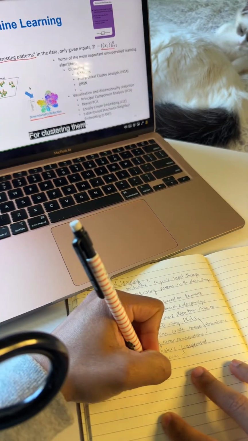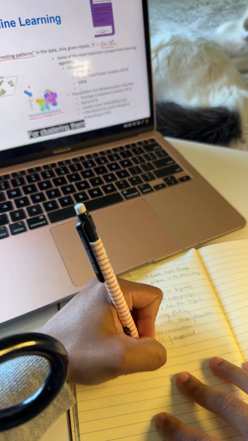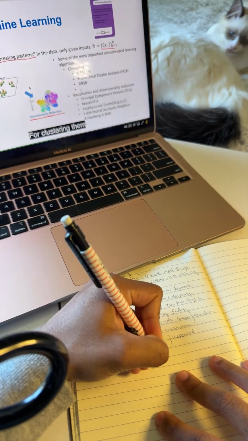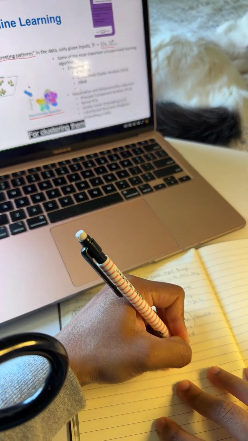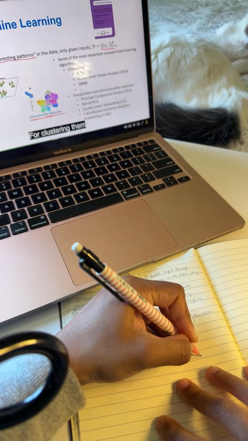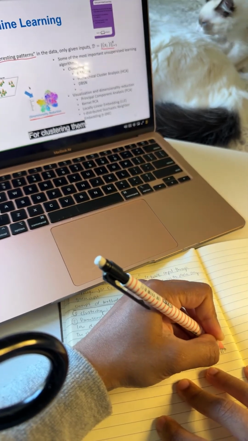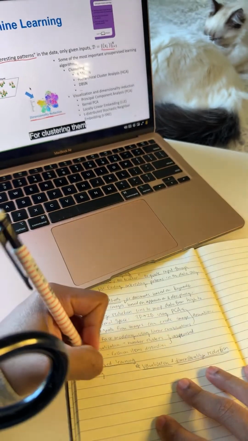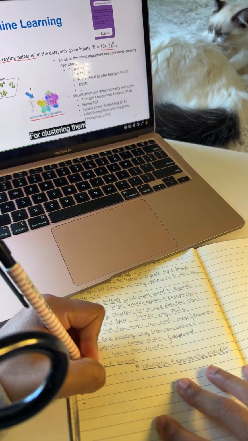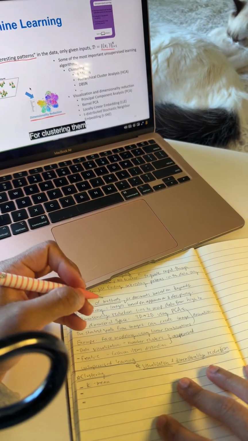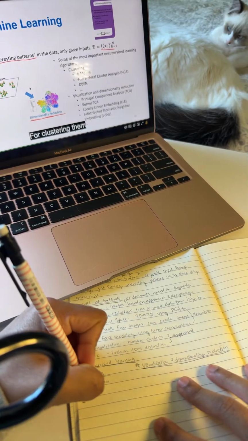And there is visualization and dimensionality reduction. So what are some examples of these? There's k-means, hierarchical cluster analysis.